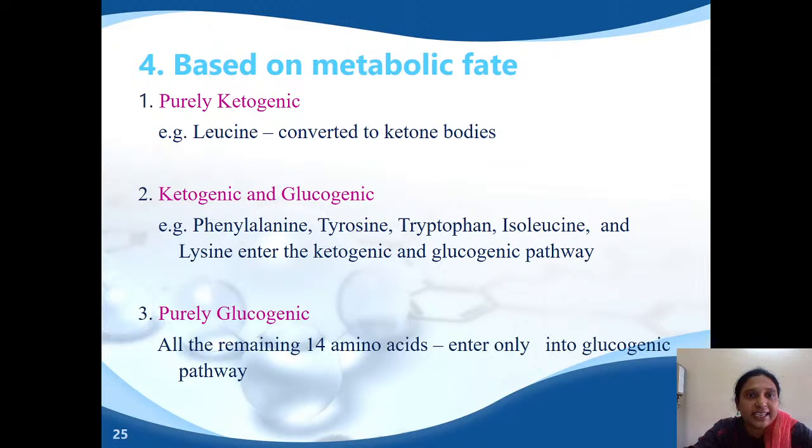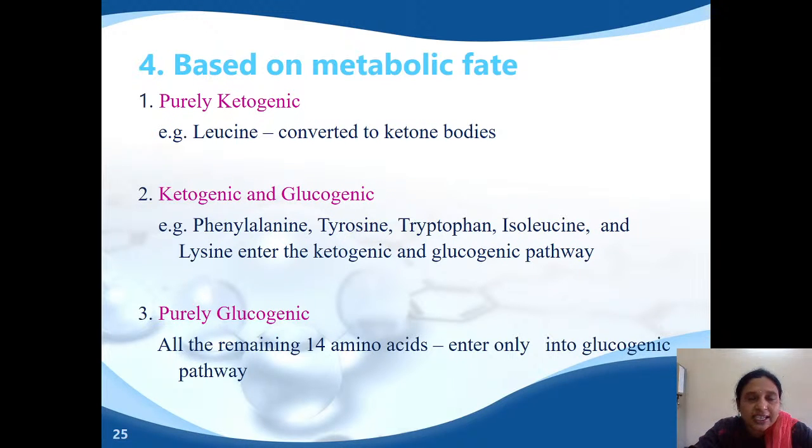Catabolism means nothing but degradation. In the course of their degradation, a few amino acids may be converted to ketone bodies, a few may be converted to glucose, or a few may be converted to both glucose and ketone bodies. So that is based on the metabolic fate.